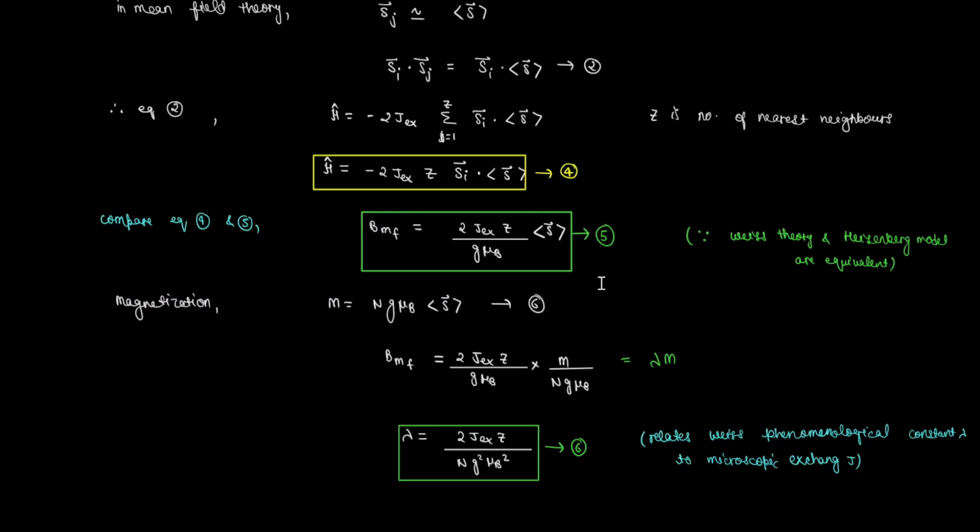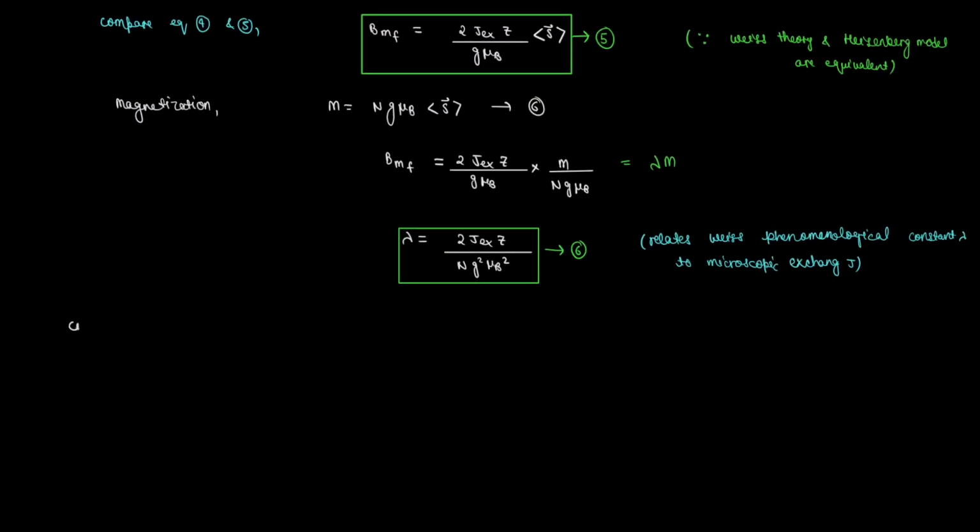Now, if you remember, the Curie temperature is related with this lambda as g mu B (J plus 1) lambda Ms divided by 3 kB.